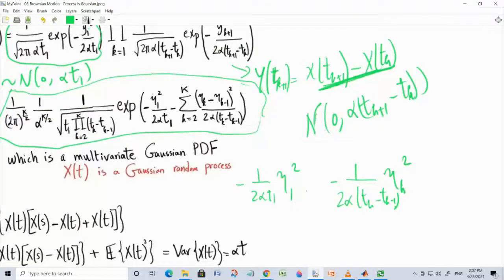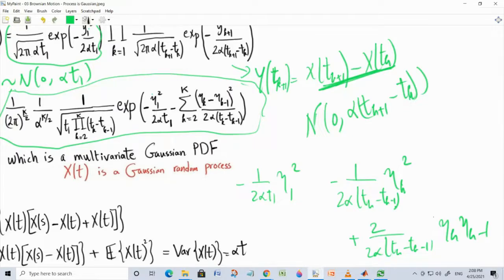So squares. Do we have something else? Yes, we have cross terms. So we will have something like this: 2 over 2 alpha t(k-1) eta k eta (k-1). We have stuff like this also, but not a problem.